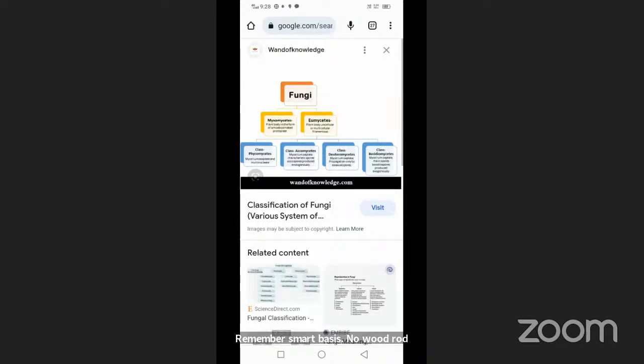Okay, and at the same time, in medicine, most of the antibiotics are also produced from some of the fungal members, especially Penicillium notatum.